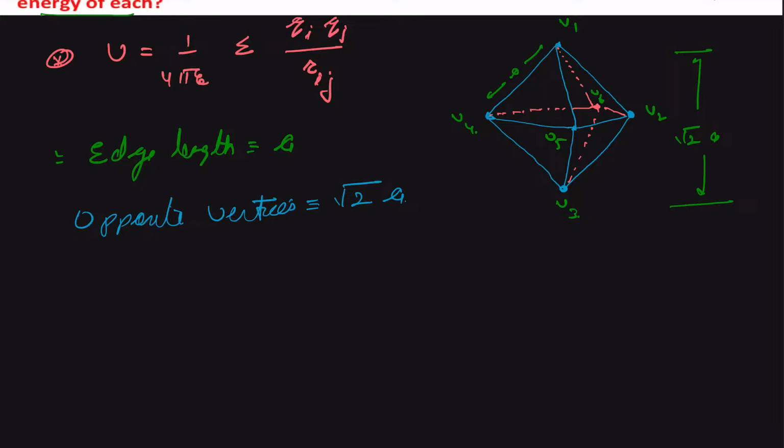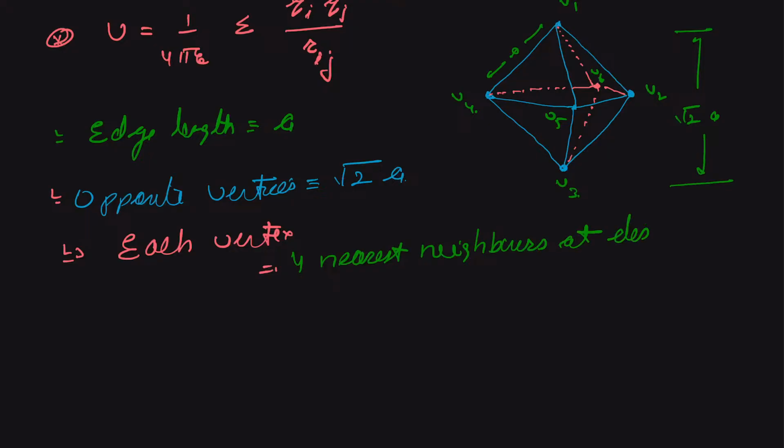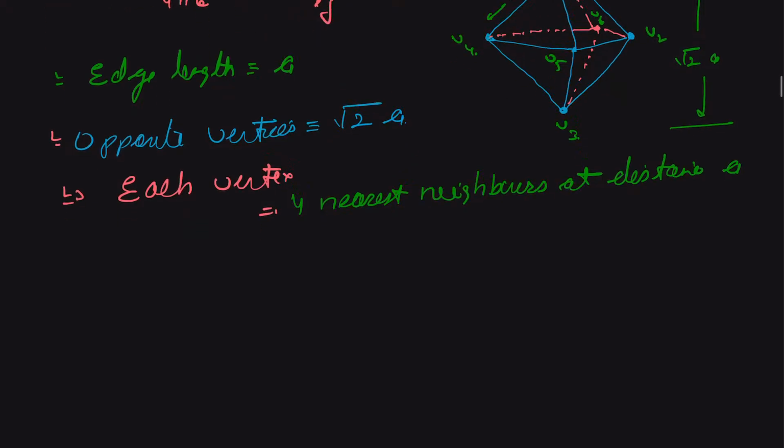So therefore we can further state that each vertex is going to have 4 nearest neighbors at distance A, and we are going to have one opposite vertex at distance square root of 2 times A.